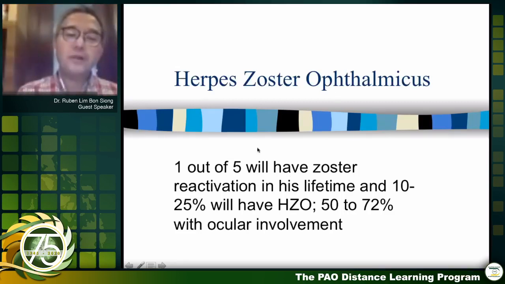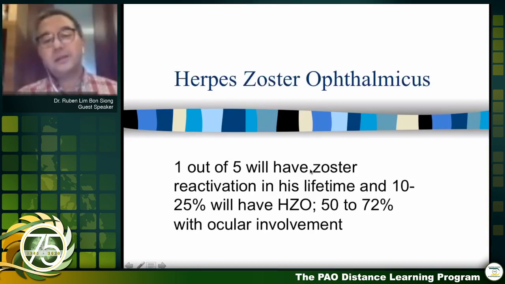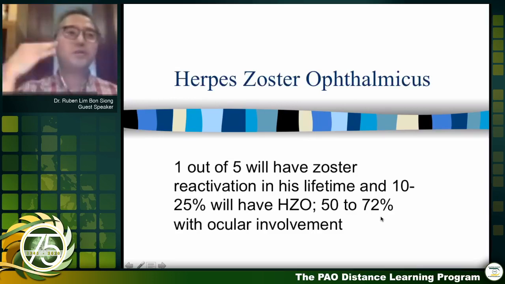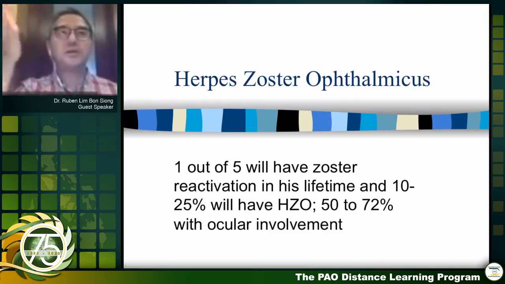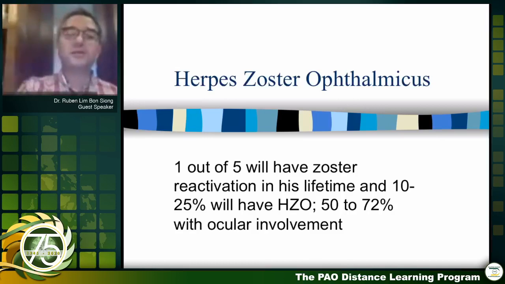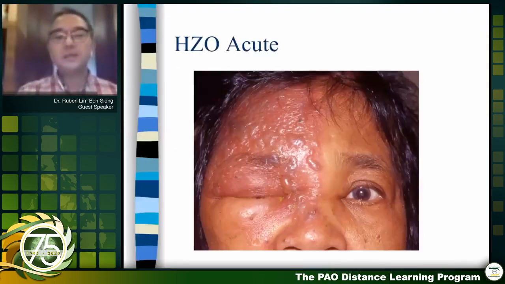So 1 in 5 will have zoster reactivation in his lifetime, and 10 to 25% will have herpes zoster ophthalmicus. So one fourth of patients with zoster will have an ophthalmic branch involvement. And of those with herpes zoster ophthalmicus, more than one half will have ocular involvement. So when you treat, you should think that there is an ocular involvement. It's common.